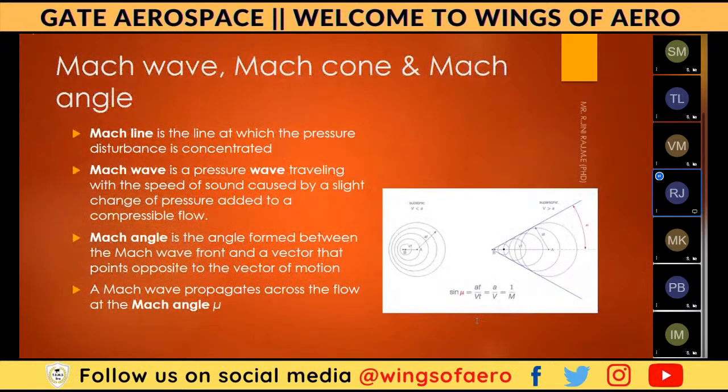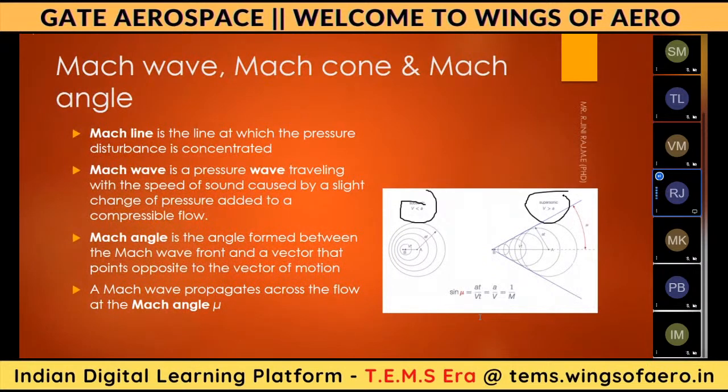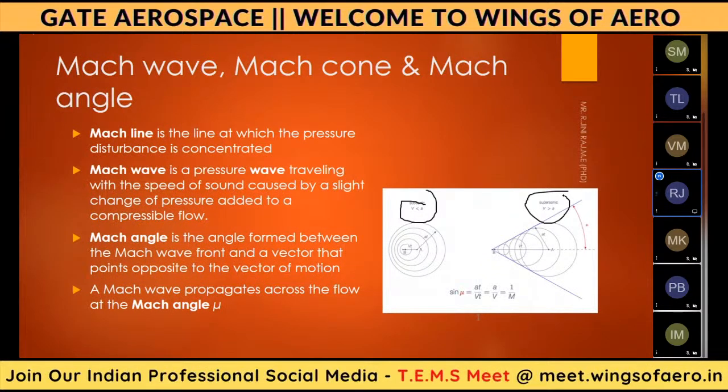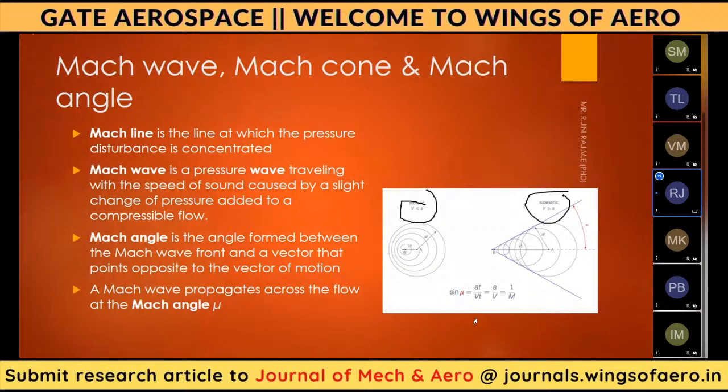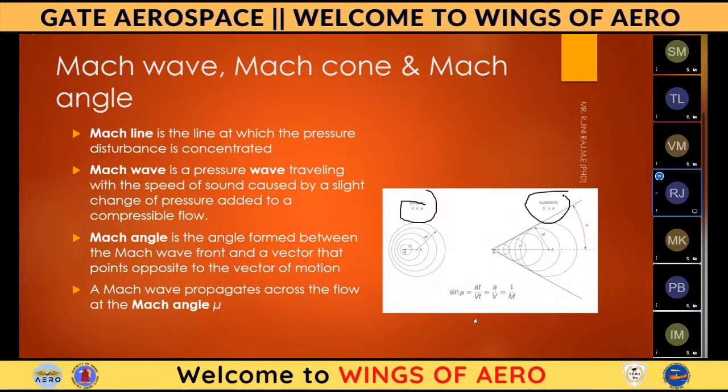See, there are two diagrams. One is subsonic flow, another one is supersonic flow. In supersonic flow, the velocity of the object is greater than the speed of sound. Suppose an object is moving at a velocity greater than the speed of sound, then it is called supersonic flow. Then the object will move forward, but the sound waves will reach our ear only later. As it moves forward, a layer is formed, mentioned here in blue color.